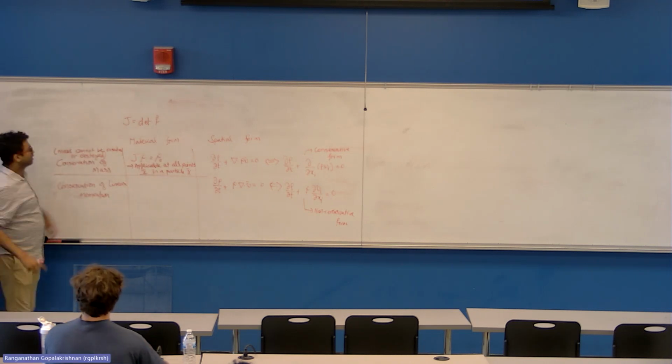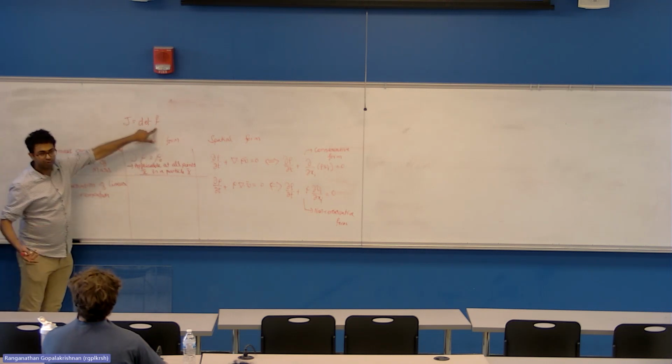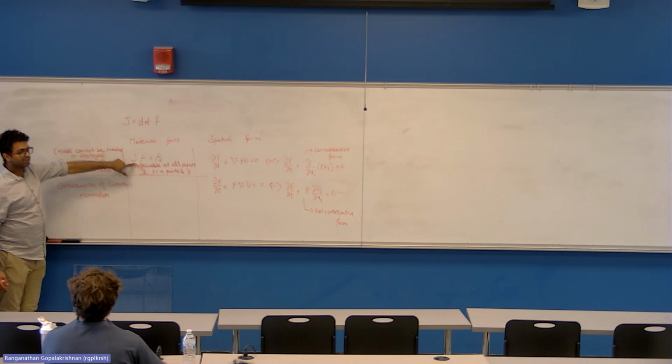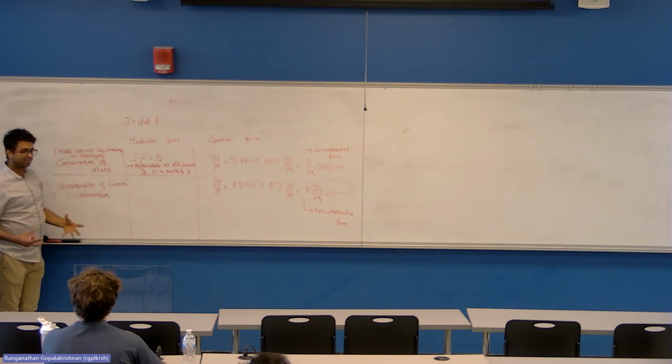That is, if deformation tensor is known to you, or in other words, if the deformation is known to you, you can calculate J, you can calculate changes in density at any point in that material.